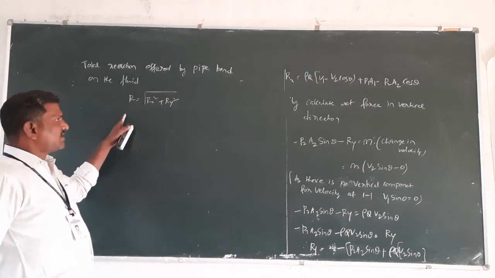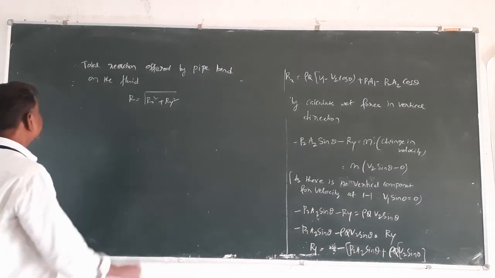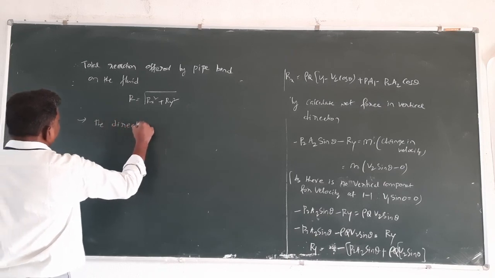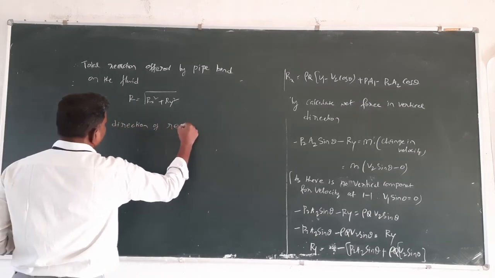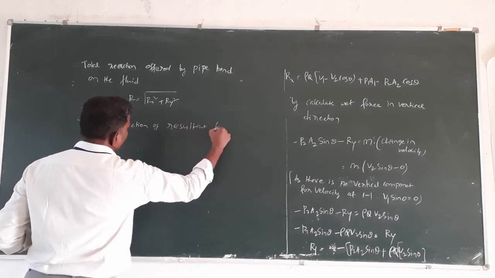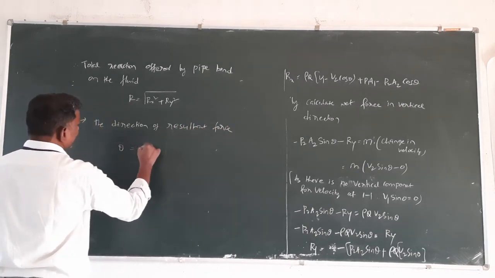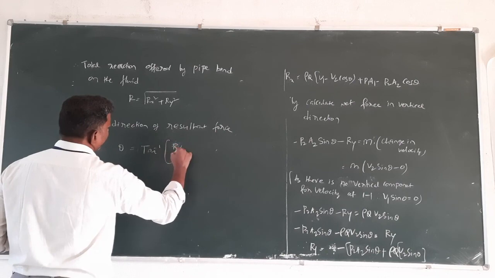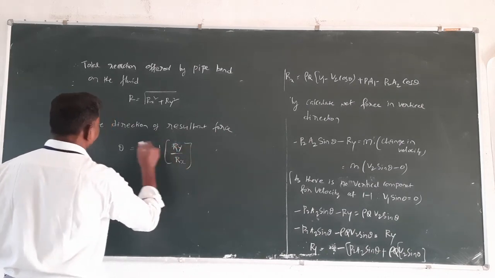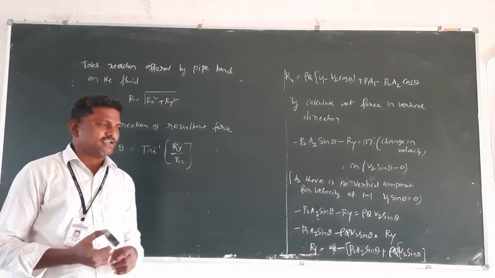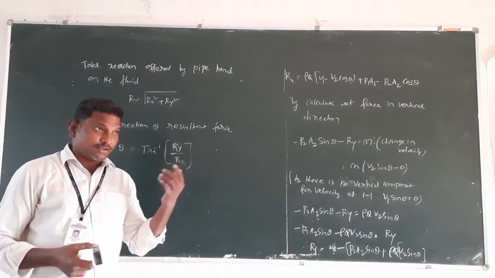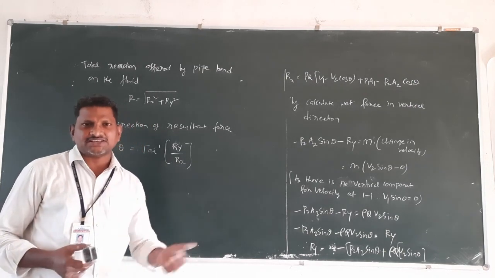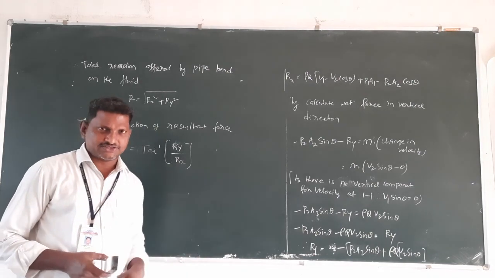By using this equation, we can find the total reaction. And also, we can calculate the direction of the resultant force. Theta is equal to tan inverse of Ry by Rx. This is the simple information regarding the force exerted by the pipe bend, or reaction exerted by the pipe bend on the liquid. Thank you.